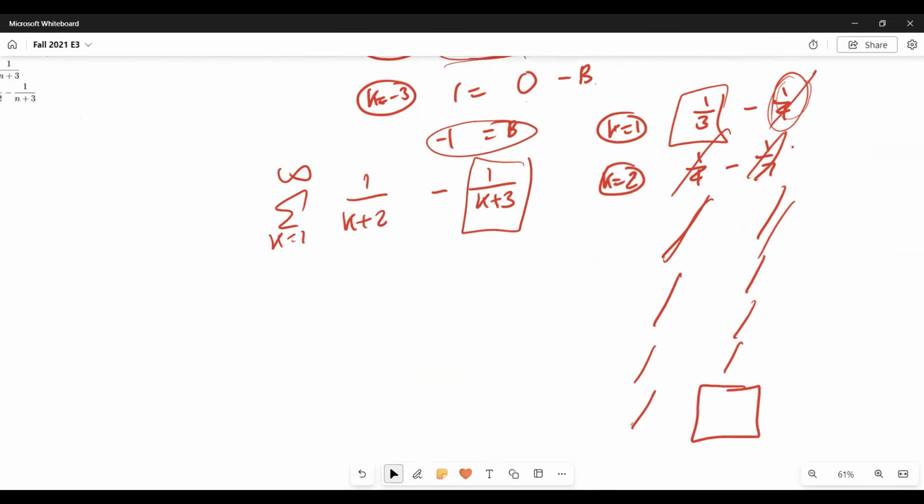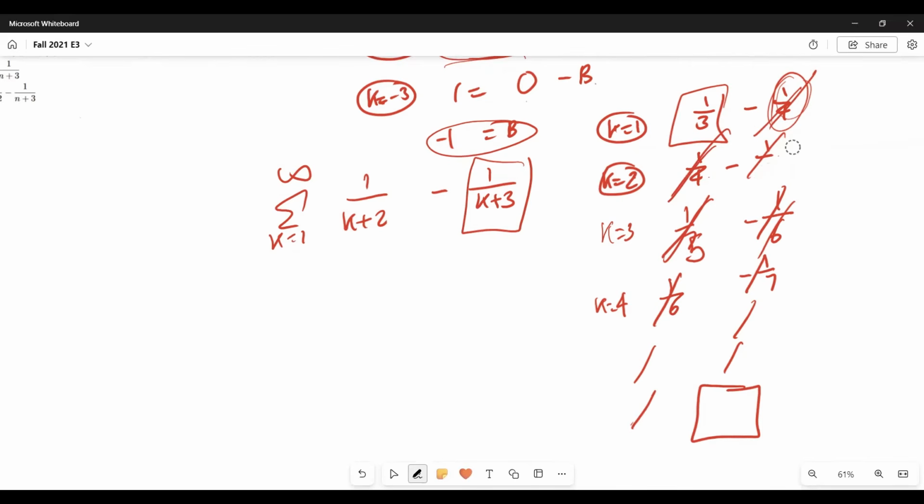So let me explain it again. 1 over 3 minus 1 over 4 when k is equal to 1. k equals 2, 1 over 4 minus 1 over 5. k equals 3, this becomes 1 over 5 minus 1 over 6. And k equals 4, this is going to be 1 over 6 minus 1 over 7. So you see these will eventually be cancelled out.